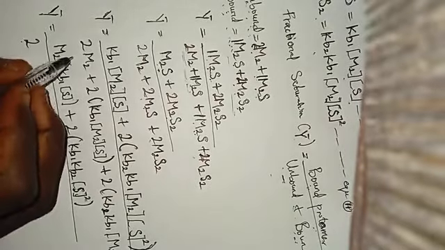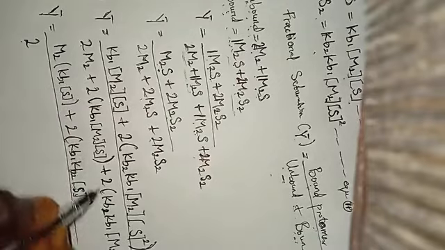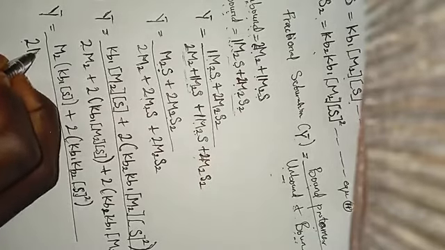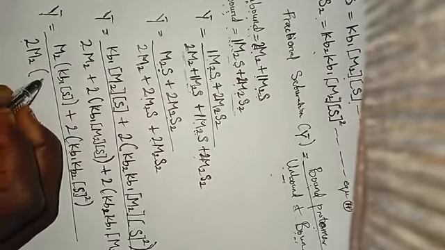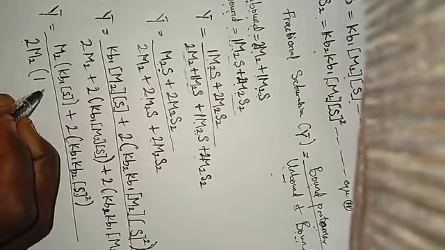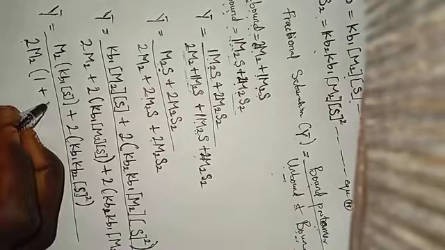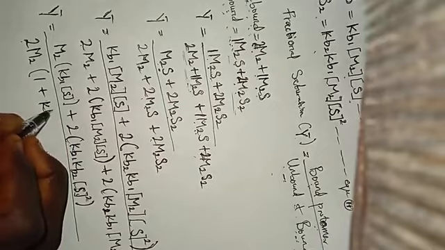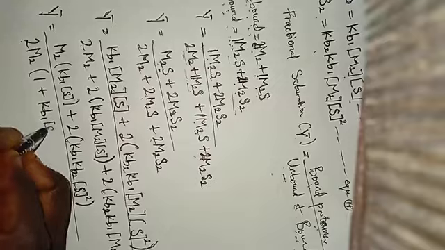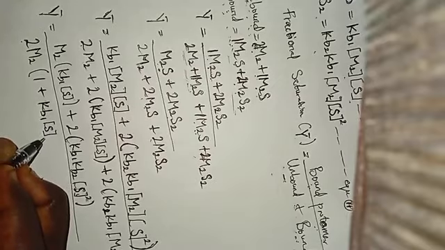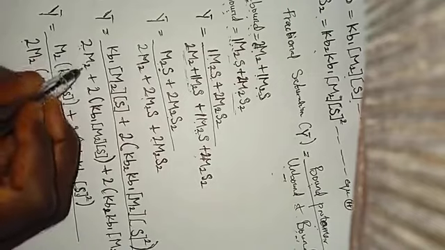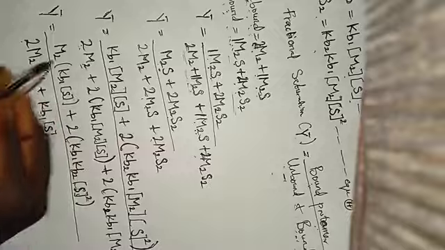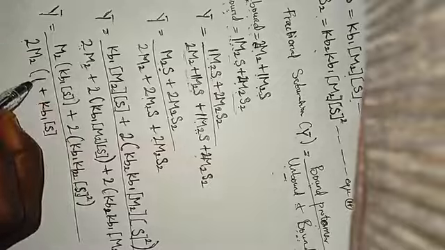Then all over, this time around I will factorize both 2 and M2, like 2M2. So open bracket, what will be left here is 1, then plus KB1 and S. If I take 2M2, just 1 will be left.